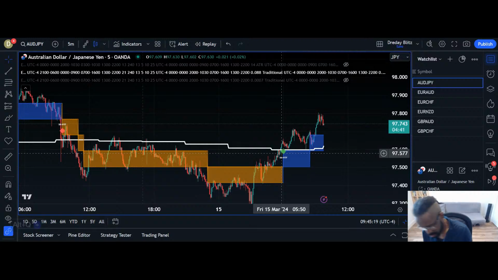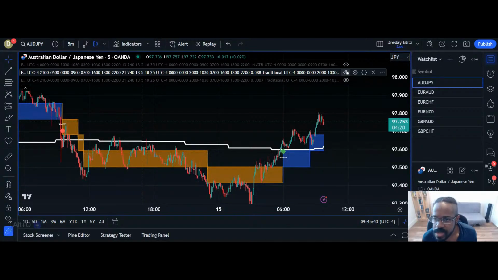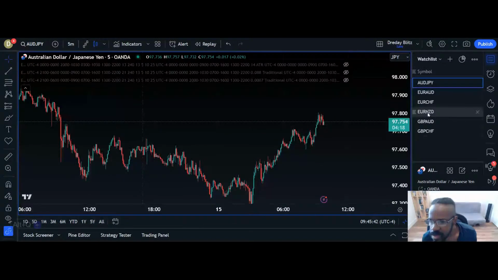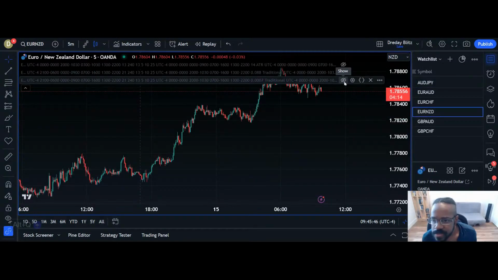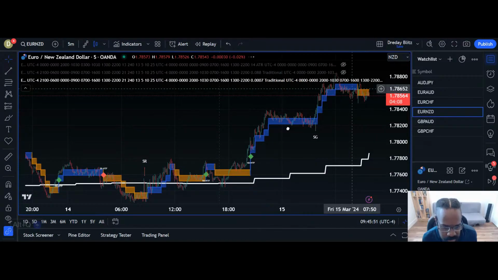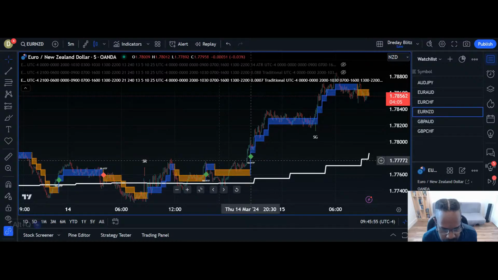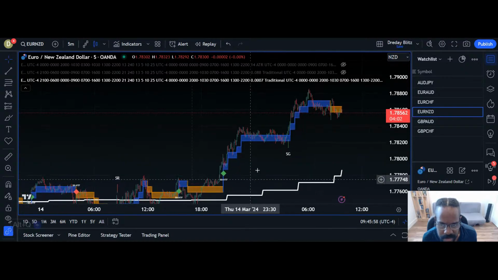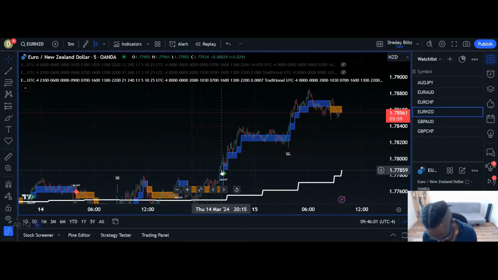Give me 2 seconds. Oh no, it's Euro NZD, sorry about that. So it's Euro NZD, and it was a buy. So it took that buy here. So that was the trade.